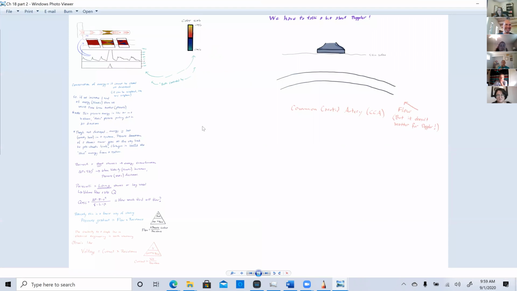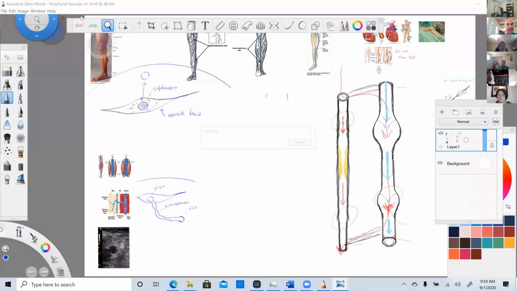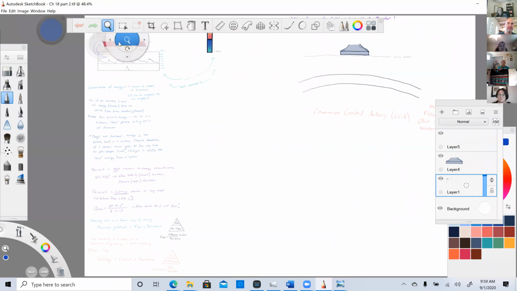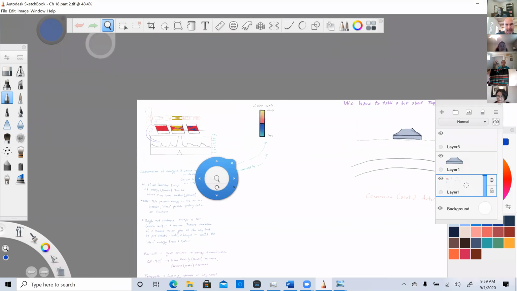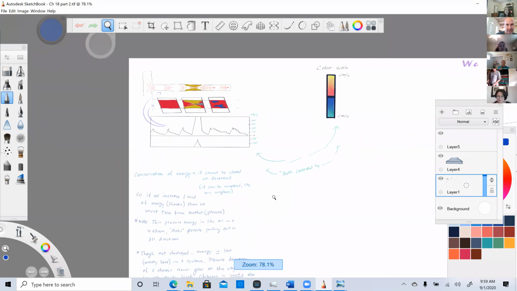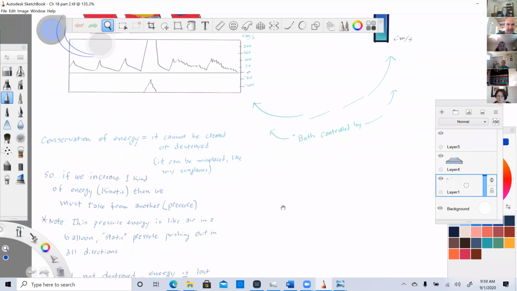No. Somehow this got saved as an image. Open sketchbook. I could fix that, though. Here we go. Thank God. I've actually made most of my mistakes prior to you guys seeing me make them, so it's actually not too bad.